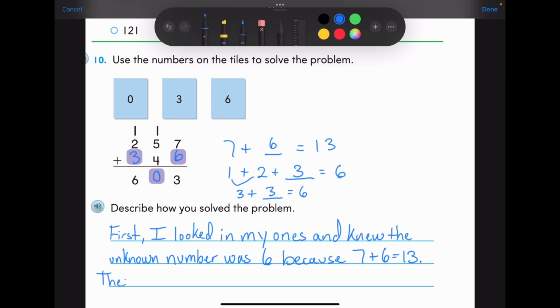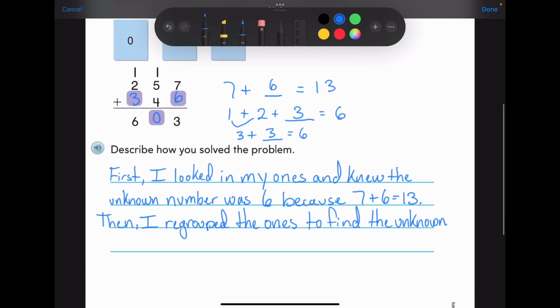Then I regrouped the ones to find the unknown number in the tens column.